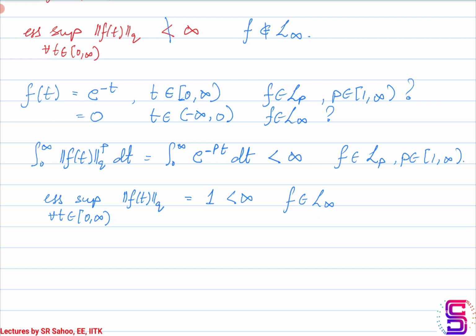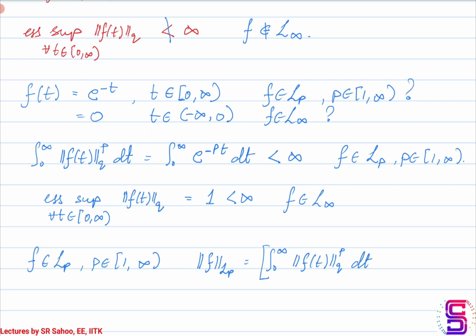To reiterate, if f belongs to LP for p in the range of 1 to infinity, then the LP norm is the integral from 0 to infinity, assuming the time interval under consideration is from 0 to infinity, of the norm of f of t, which norm? The q norm, and this is the q norm that you have to fix. P gets fixed because of LP.